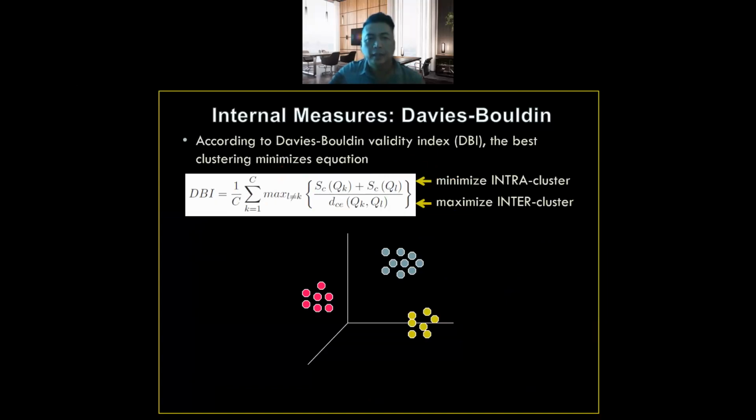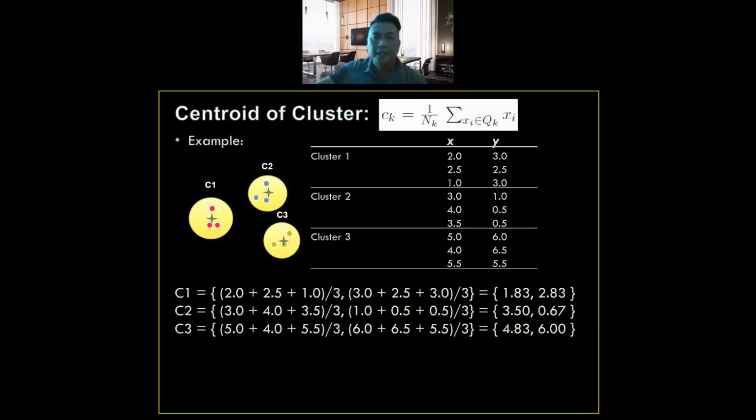I will illustrate one example on how we can apply this formula. Let's suppose we have this cluster, and these are the values that we have for cluster 1, cluster 2, and cluster 3. And these are the attributes that we have for our data. So this is the first record, the second record, the third record belonging to cluster number 1, and so on.